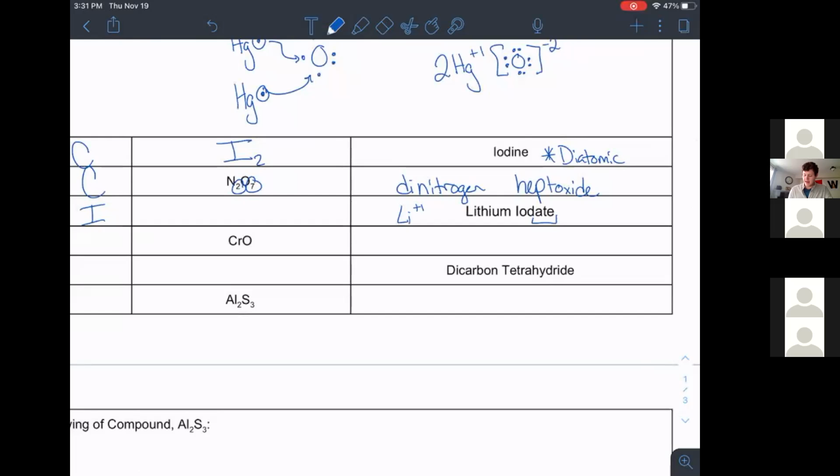If it ends in ATE or ITE, we have to check that ion sheet again. And this time we have IO3, and it has a -1 charge. So our charges add up to 0. So we write LiIO3.